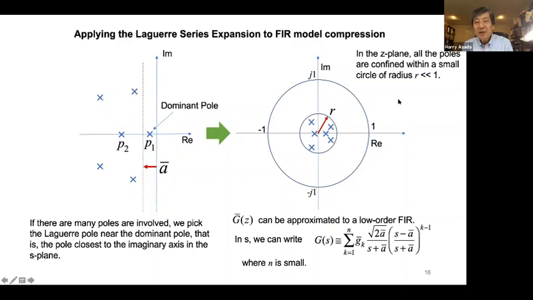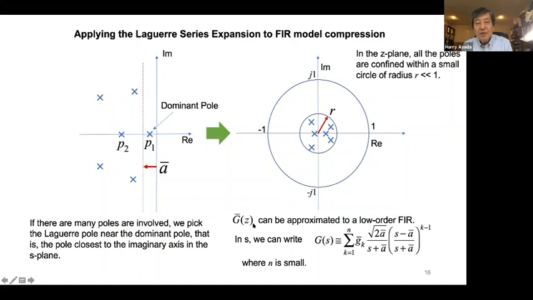So that's the technique we'd like to use: confine all the poles close to the origin in the Z-plane. If many poles are involved, we pick the Laguerre pole near the dominant poles, that is, the pole closest to the imaginary axis in the S-plane.